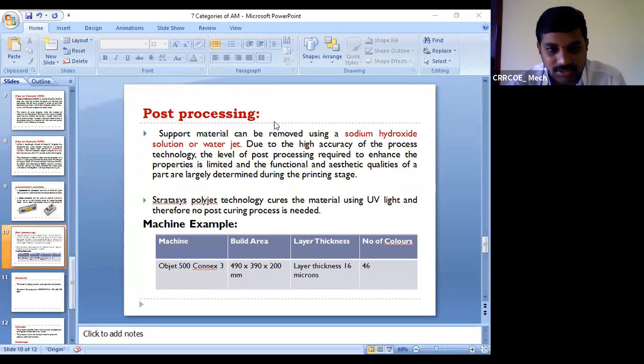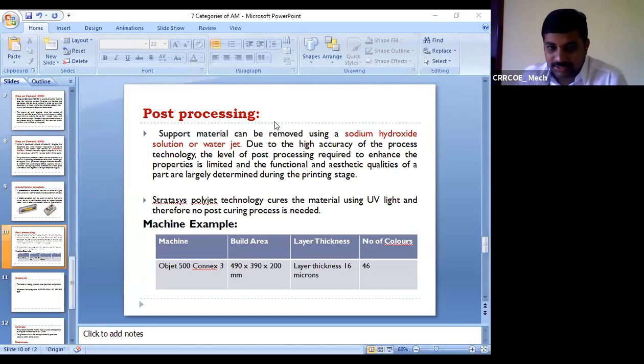One example of a machine used for this material jetting process, with some specifications given, is the Objet500 Connex3. The size of the component is 490 by 390 by 200 mm, which is the maximum limitation for the component.